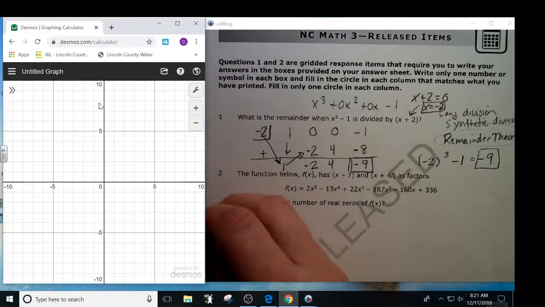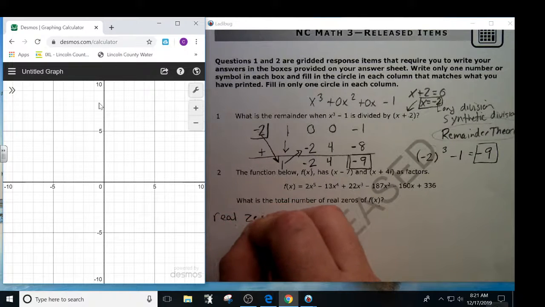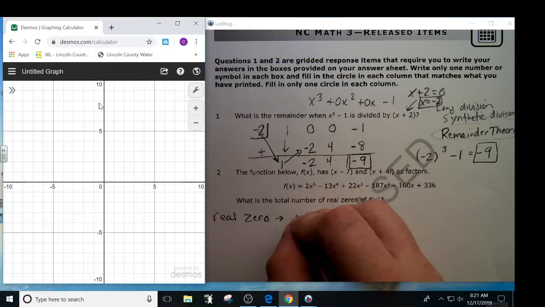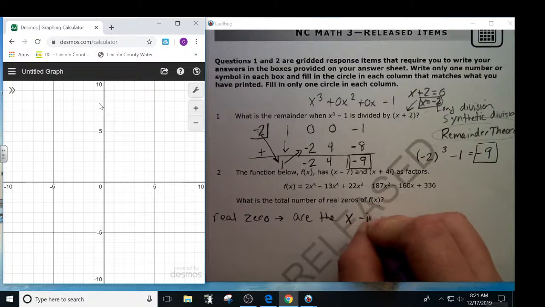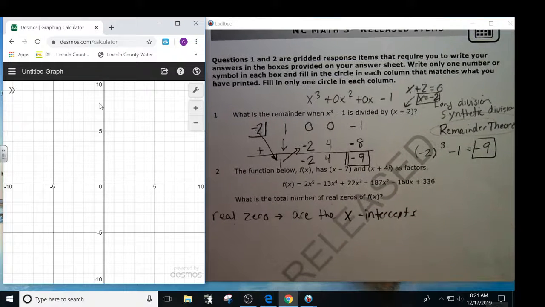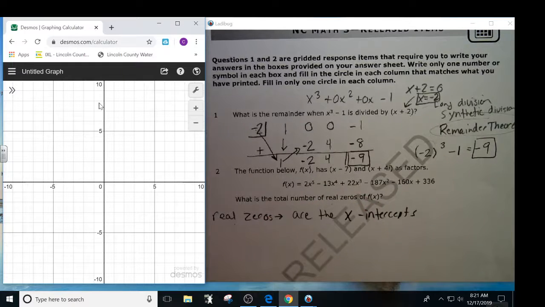Now, a real zero, zeros are the x-intercepts. That's what you're looking for, okay? Where the parabola crosses the x-axis, okay?